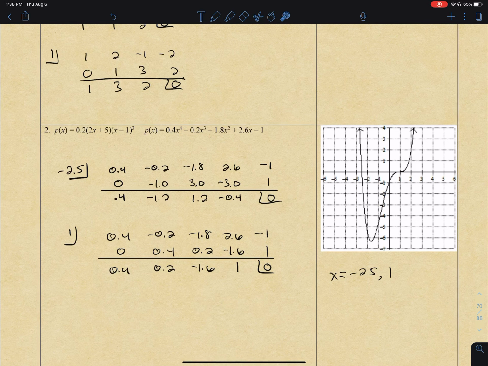This is confirming the numbers that we chose were correct. This also confirms that if x minus 1 is a factor, then 1's a 0. If 2x plus 5 is a factor, then negative 2.5 is a 0.